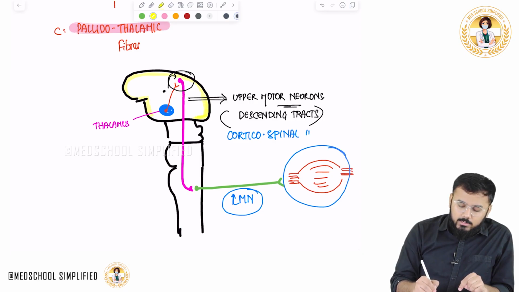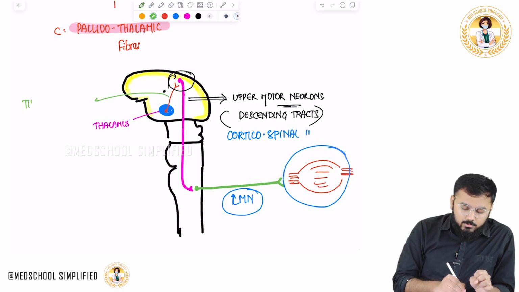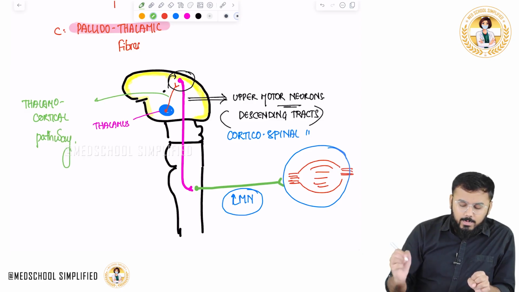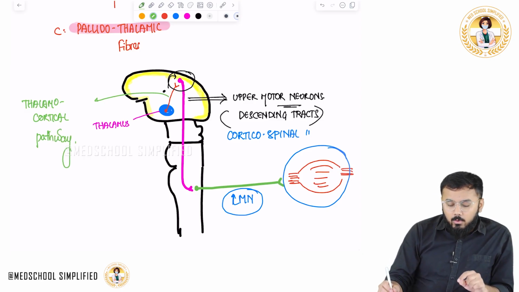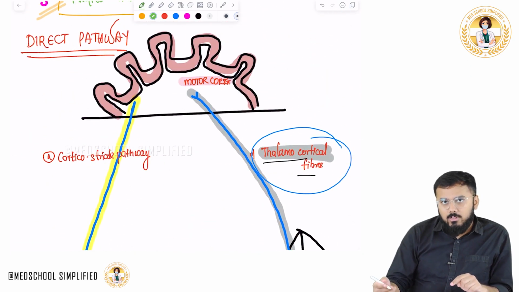So one is the thalamus, another is the cortex. What is this pathway over here? This is your thalamocortical path. We have discussed till the thalamocortical pathway only. We don't know what is going to happen after that.